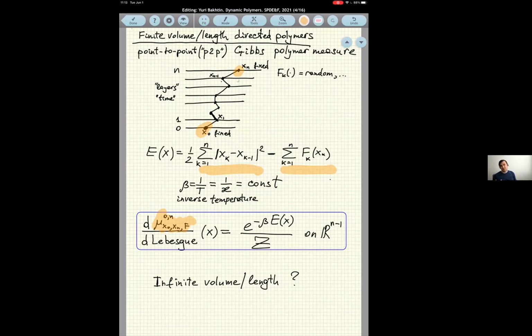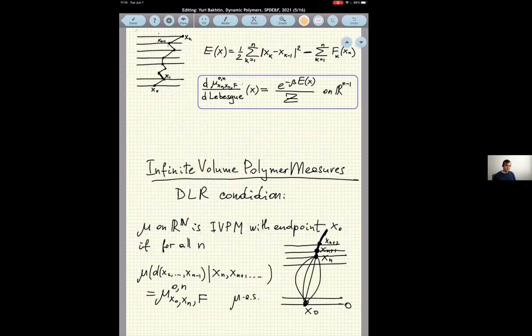As always with Gibbs distributions, it's a very natural question to ask what happens in the infinite volume limit. That's the so-called thermodynamic limit for Gibbs measures. In this case, it's infinite length, but I'll keep saying infinite volume because that's the standard terminology.